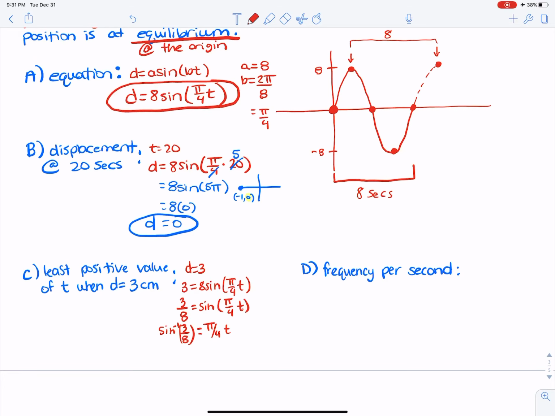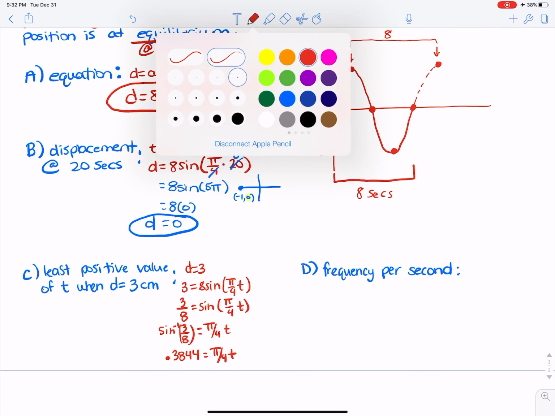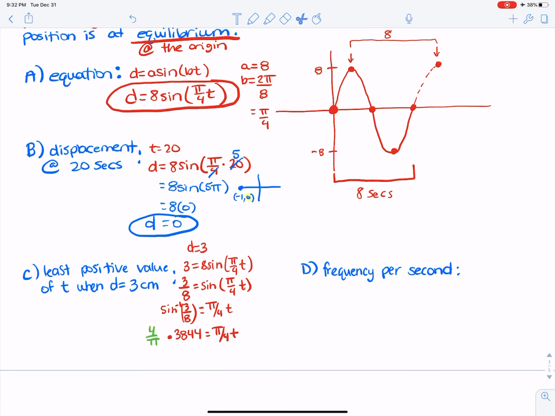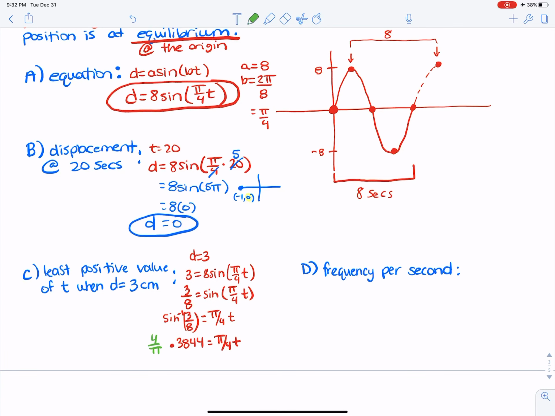0.3844. And now let's multiply by 4 over pi. And we end up getting, let's move this up a little bit so I have some room to work it out some more. Okay, right there.